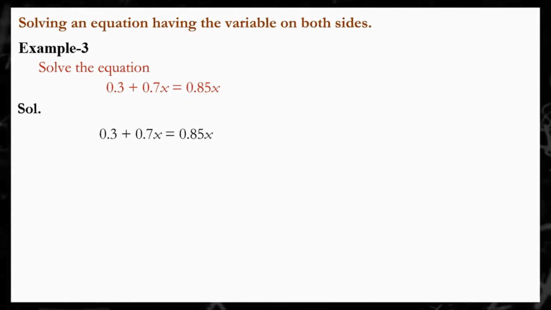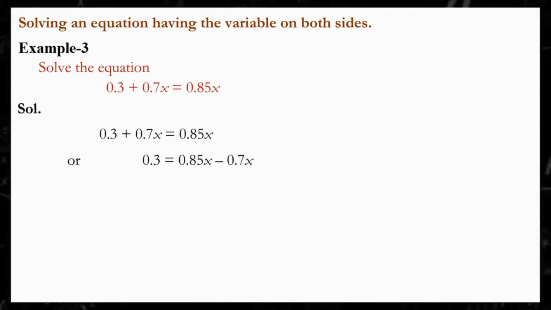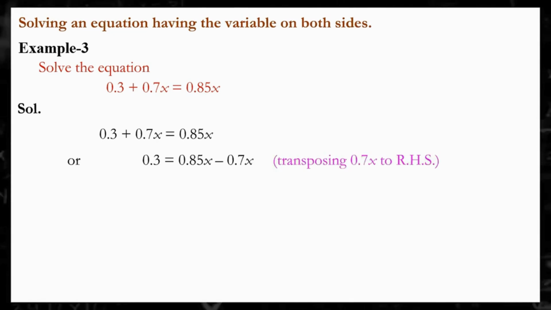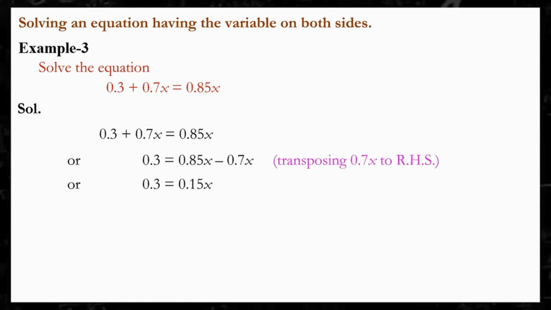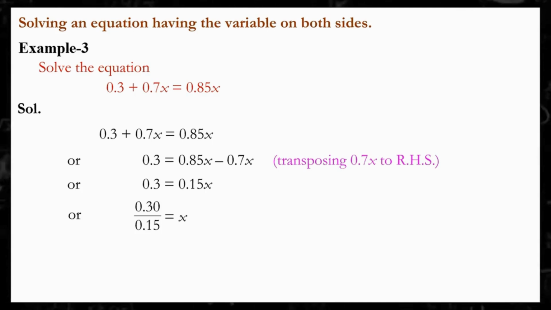Solution: 0.3 plus 0.7x is equal to 0.85x, or 0.3 is equal to 0.85x minus 0.7x, transposing 0.7x to RHS, or 0.3 is equal to 0.15x, or 0.30 upon 0.15 is equal to x, or x is equal to 2.